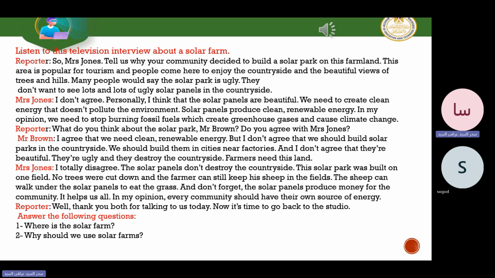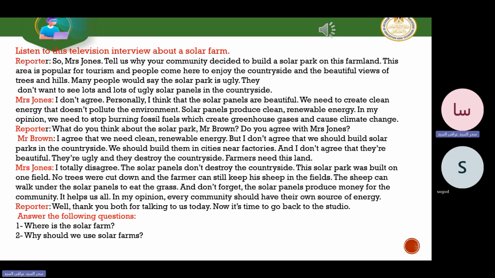Okay, after listening, we have different opinions about having solar farms or solar panels in the countryside. At the beginning, what do you mean by solar farms? We use solar panels to generate electricity from the sun. They collect a large group of solar panels and put them on a farm in the countryside to produce electricity.